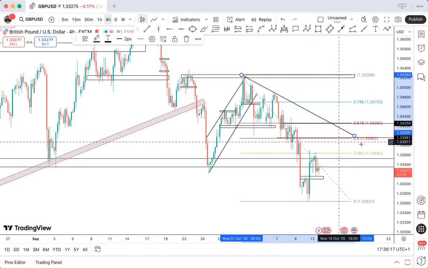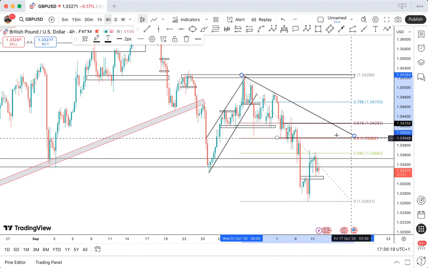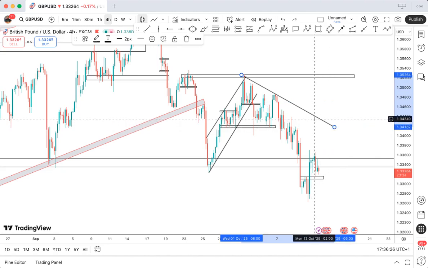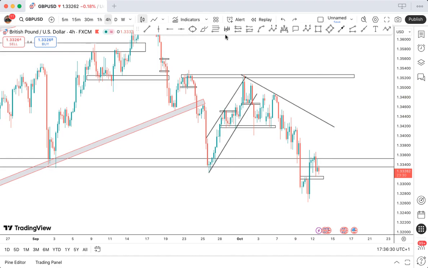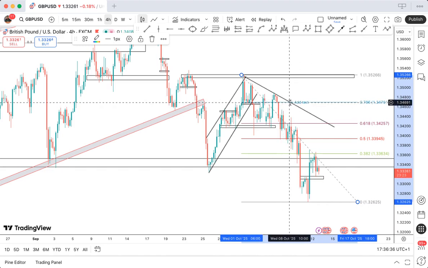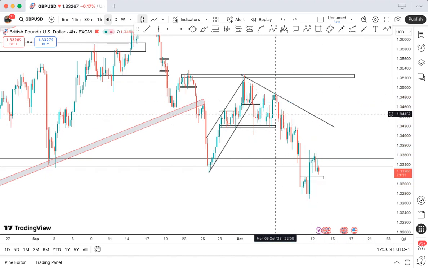We have to see the market breaking above 50% before coming back to the 61.8. But one beautiful thing about the market is that even if price doesn't respect the 61.8, which is the golden ratio, then we are going to see the market coming back to the 78.6.